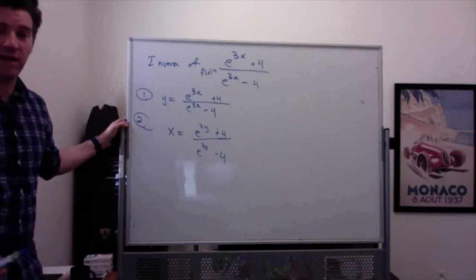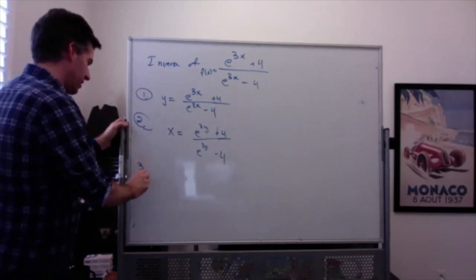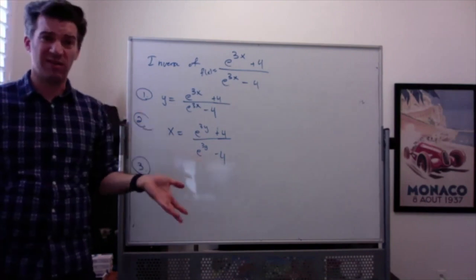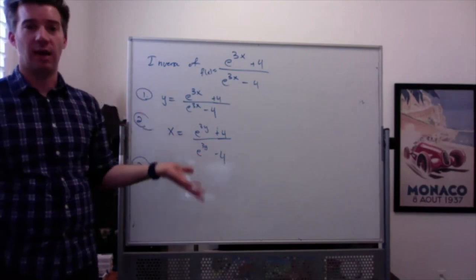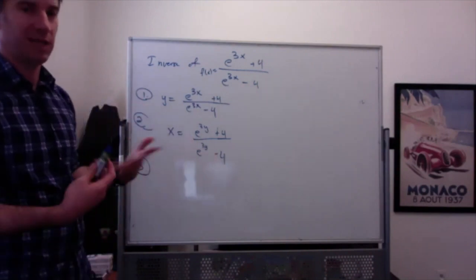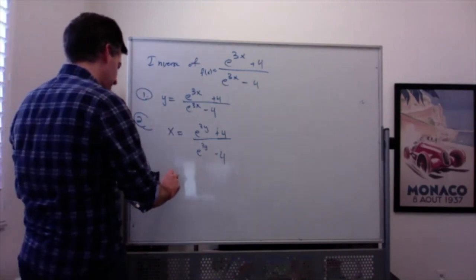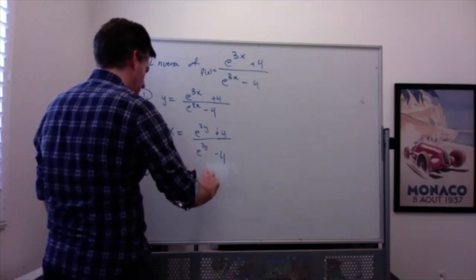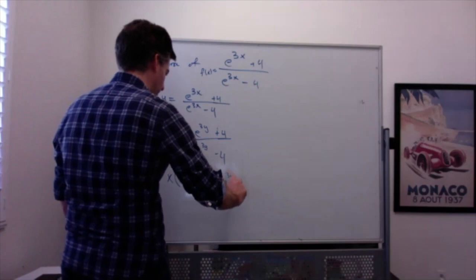And then we're going to try and solve for y. It's actually going to be very similar to the problem we just did. We're almost always going to get rid of the denominator. That's like step number one 99% of the time, if you have a denominator. So I'm going to have x times e to the 3y minus 4 equal to e to the 3y plus 4.